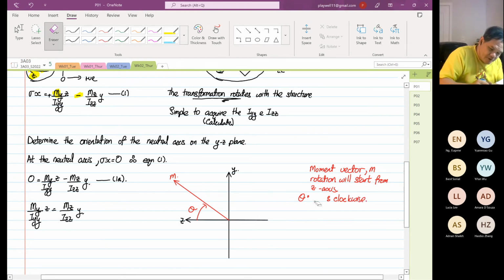Theta is negative when the rotation is counterclockwise.